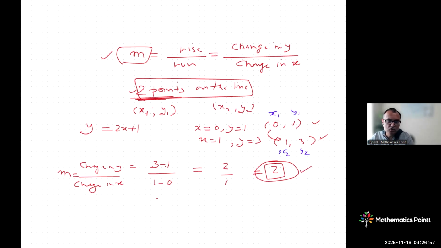Now, a lot of kids make a blunder, and I'll go to the next page to show what blunder they normally make. Let's say I have the same 2 points. My points were 0, comma 1, and the other point was 1, comma 3. Common mistake.